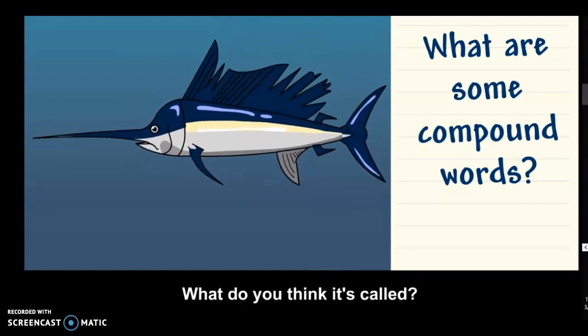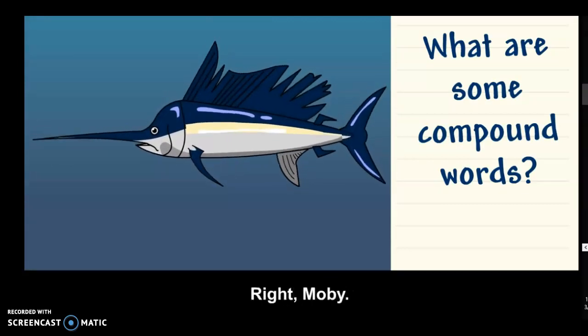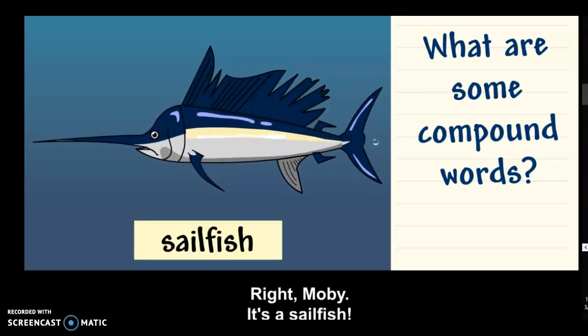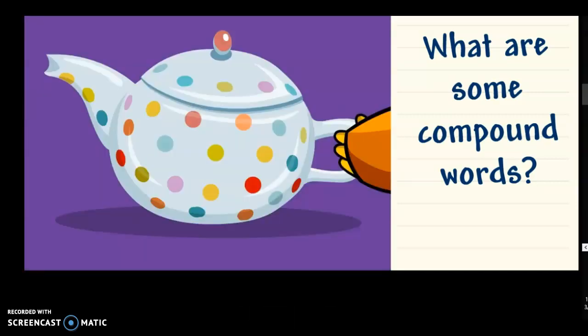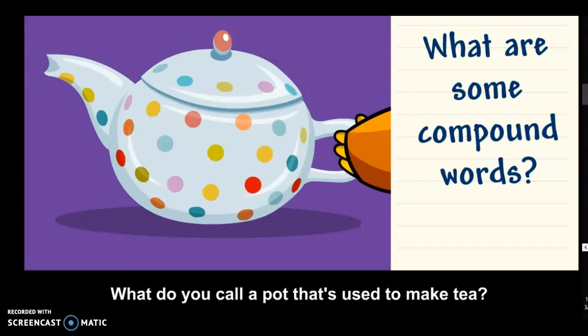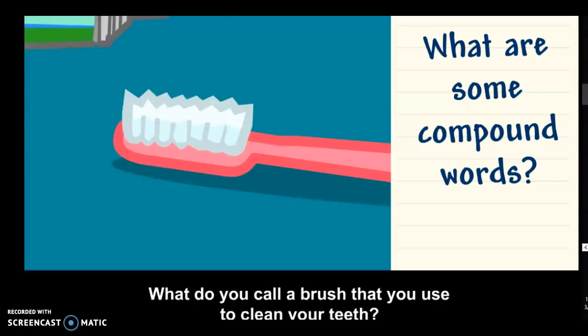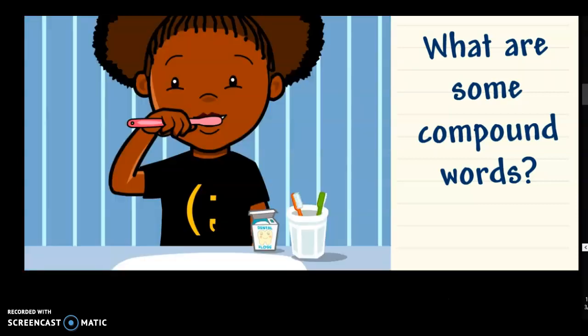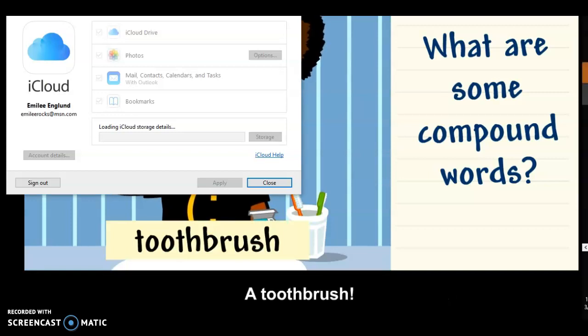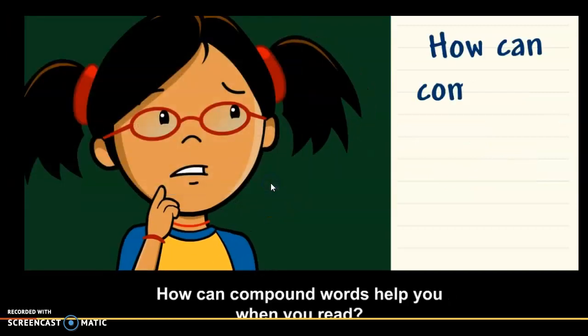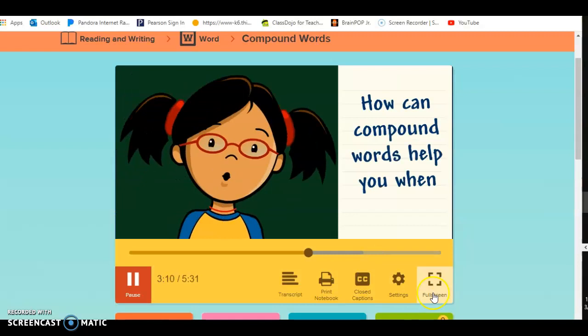What do you think it's called? Right, Moby, it's a sailfish. What do you call a pot that's used to make tea? A teapot. What do you call a brush that you use to clean your teeth? A toothbrush. How can compound words help you when you read?